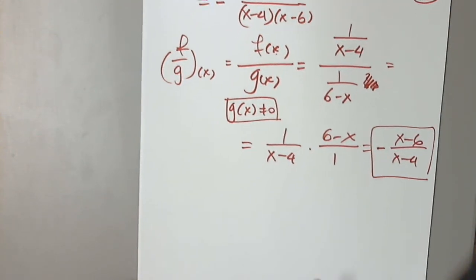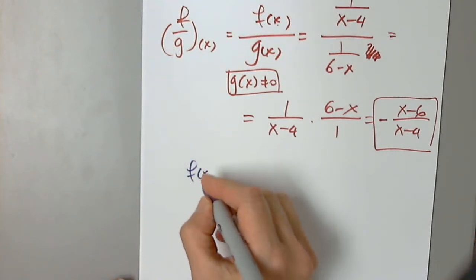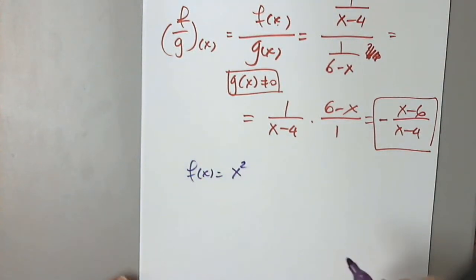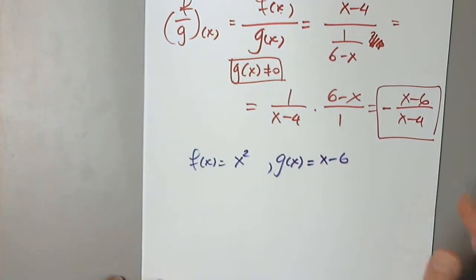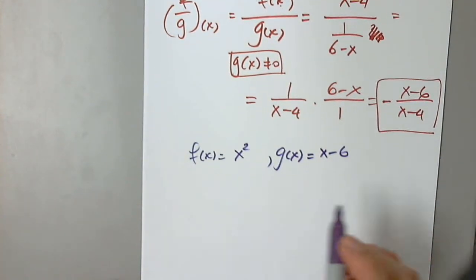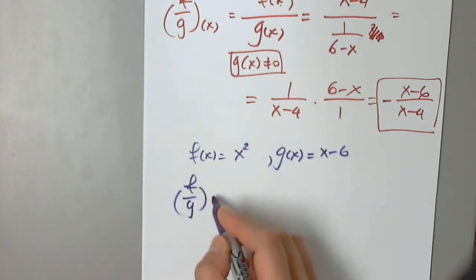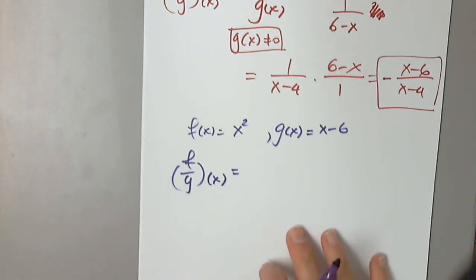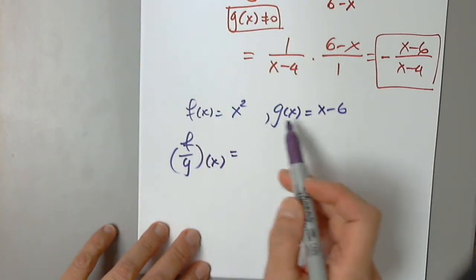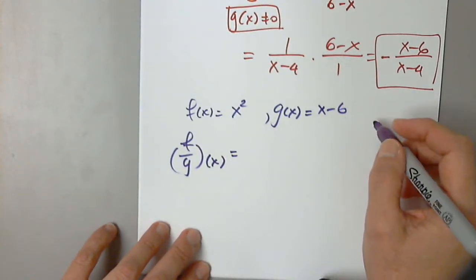So here's an example. Let's say f of x equals x squared. And let's say g of x equals x minus 6. So when we want to determine f over g, both the domain of these two functions is what?